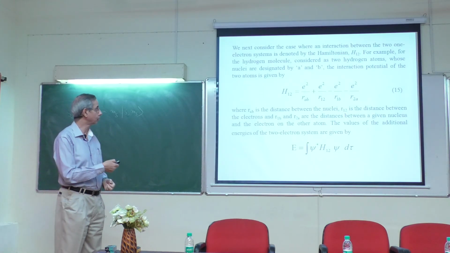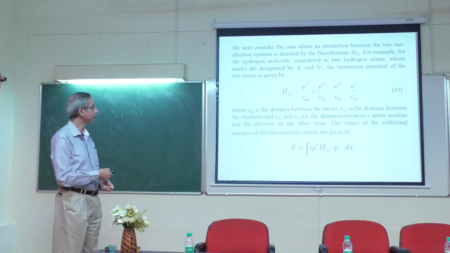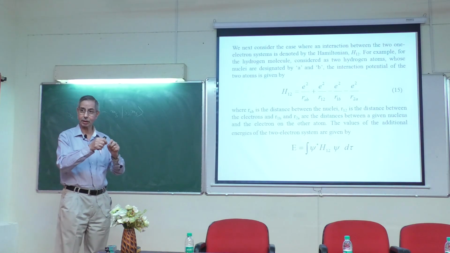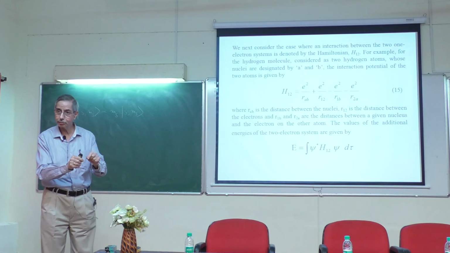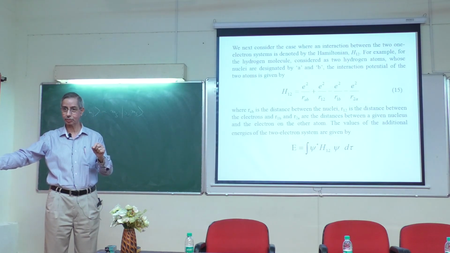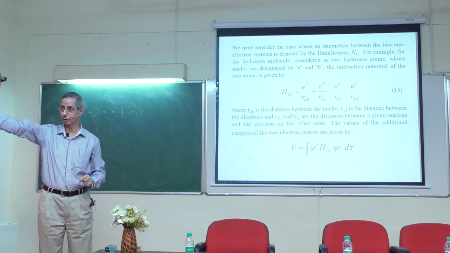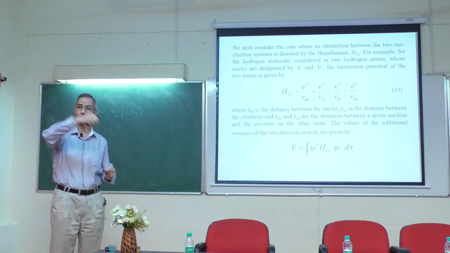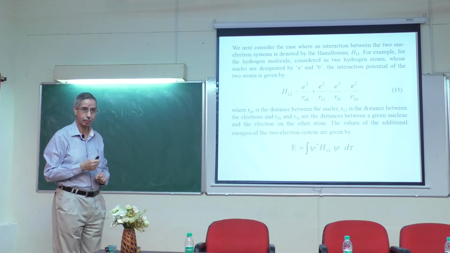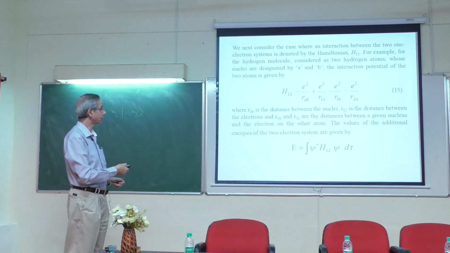And so these two terms are positive. And then I have the Coulomb interaction between the electron on one atom with the nucleus of the other, and the reverse one, the electron on atom 2 with the nucleus of atom 1. So that is this term.